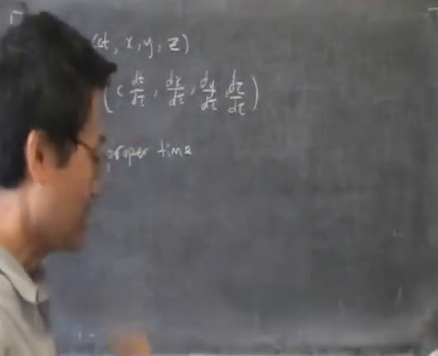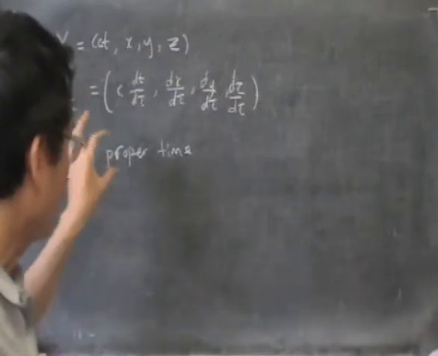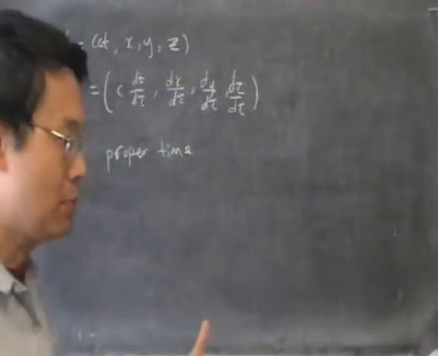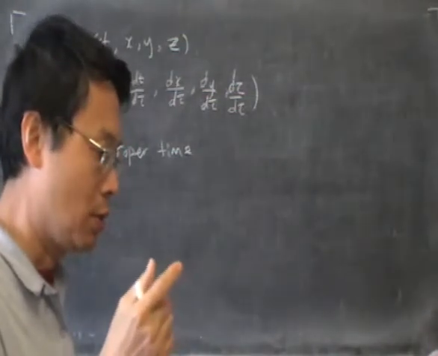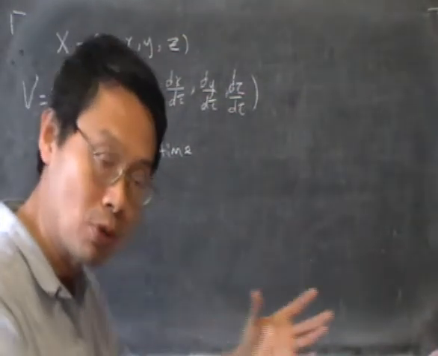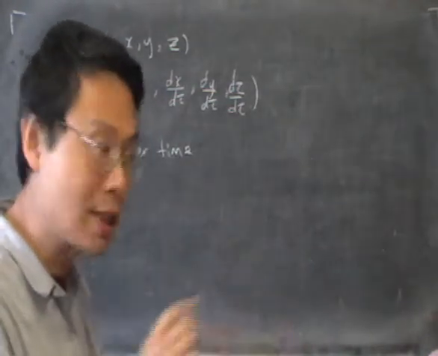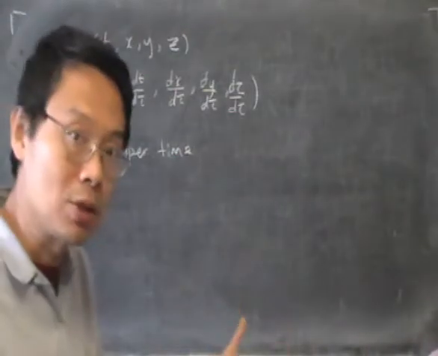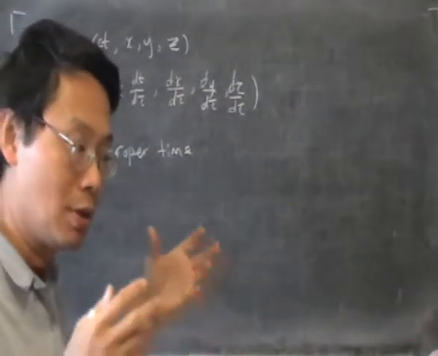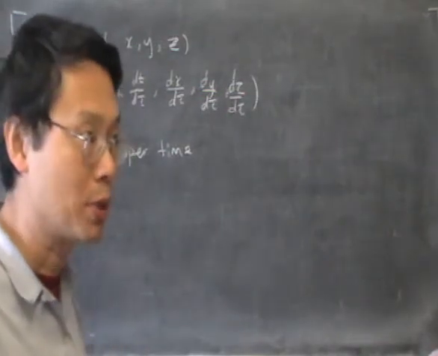But the proper time, if you're always talking about the time in the rest frame of the moving body itself, then that means we're always referring to that one same frame. So proper time is always the time in the rest frame of the moving body, and therefore it does not depend on any other frame.